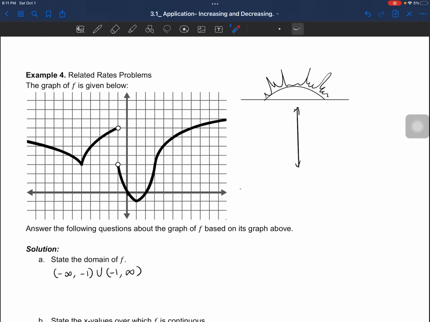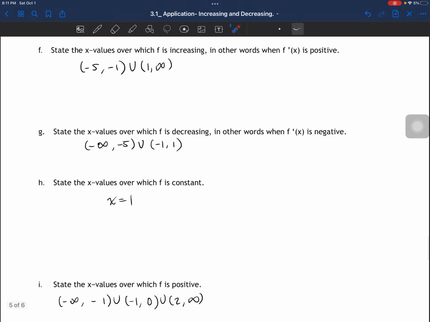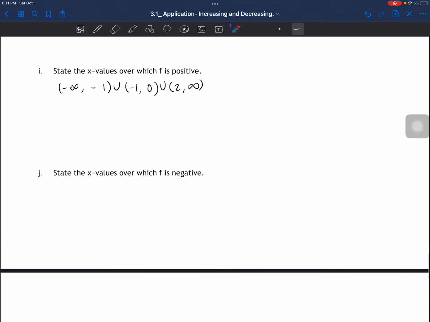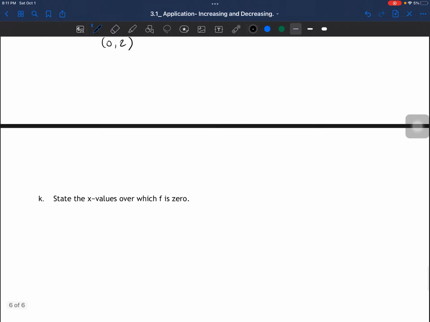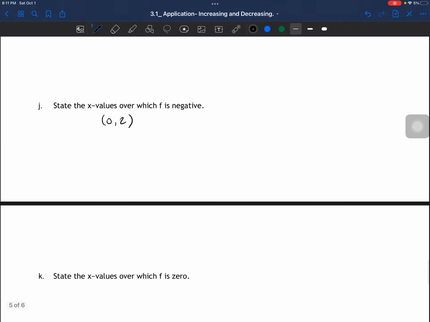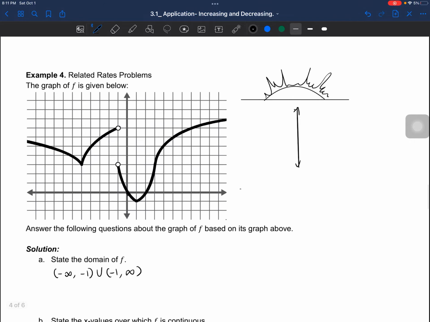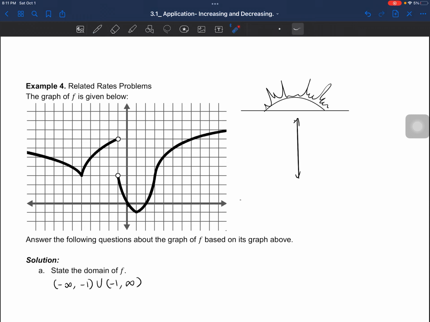And lastly, where is the function negative? The function is negative between 0 and 2, right? Between 0 and 2. And then where is the function equal to 0? Well, the function is equal to 0 at 2 moments.